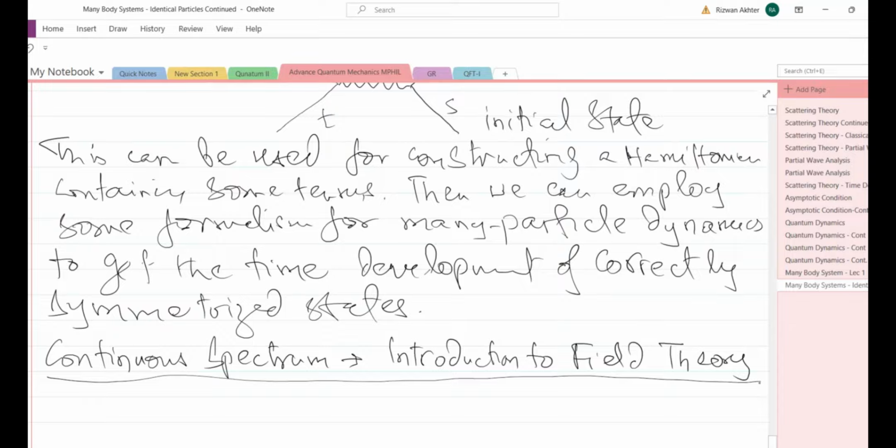Okay. So let's say we have some one particle states which are eigenstates of the position variable r, and for a certain value of s_z, where this s_z could be some intrinsic property.